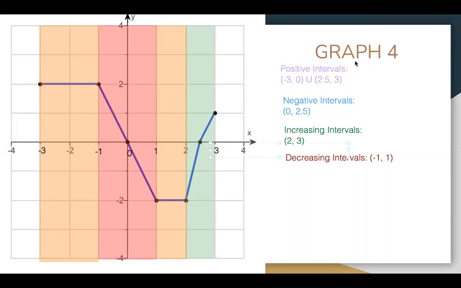And then there are two constant intervals. One of them started at -3 and went to -1. And the other one went from 1 to 2. Here are our intervals for graph number 4.